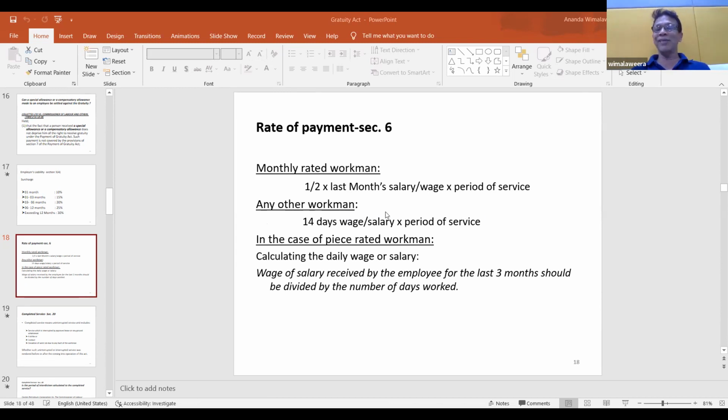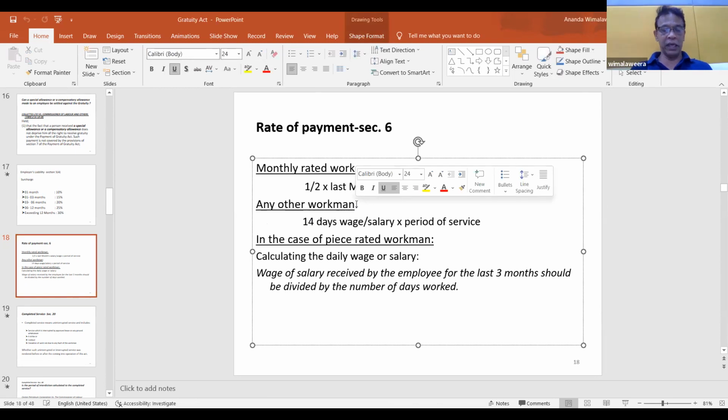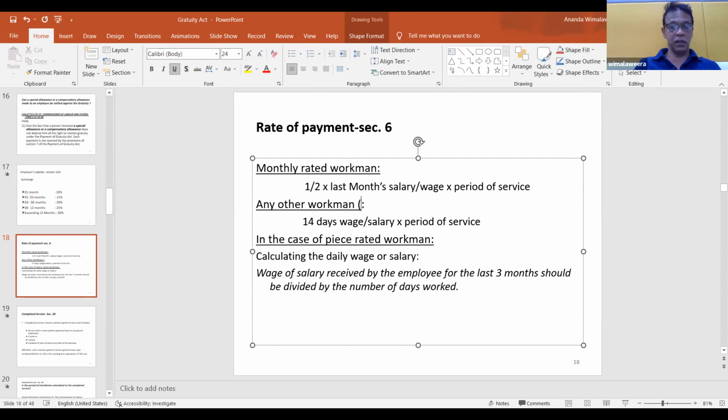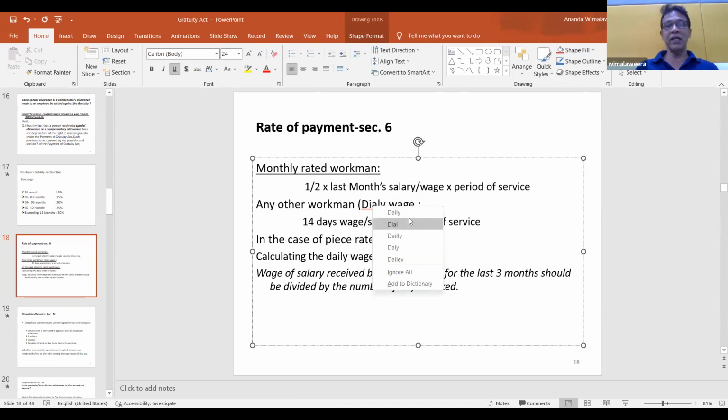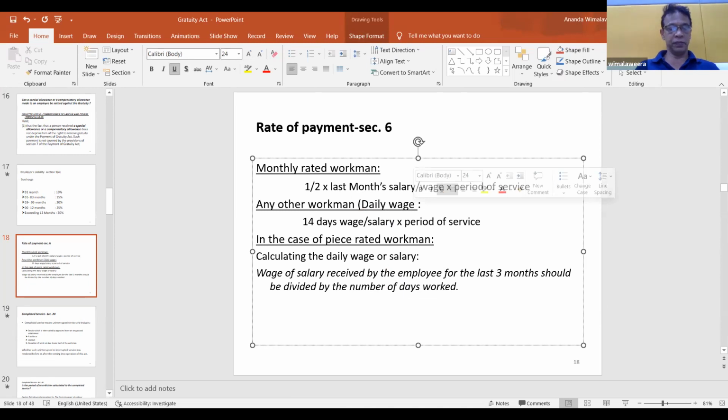Any other workman means daily wage workers. Let me put it here: daily wage workers.